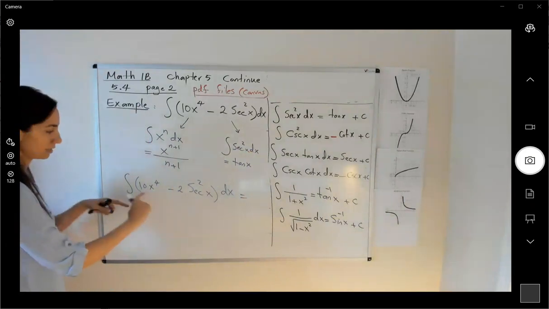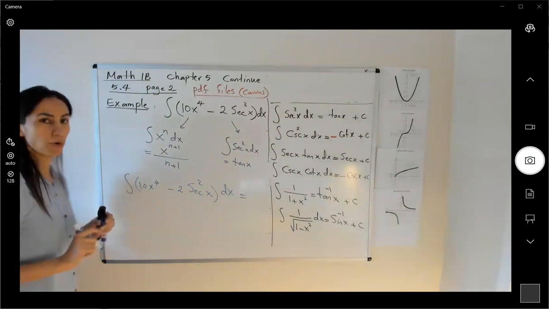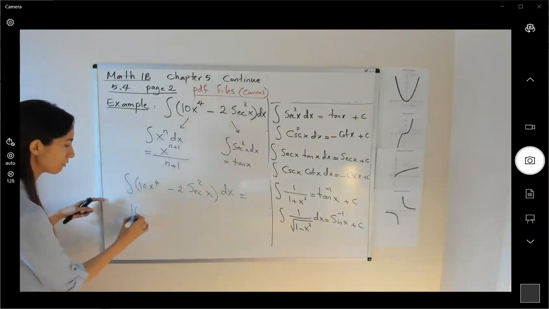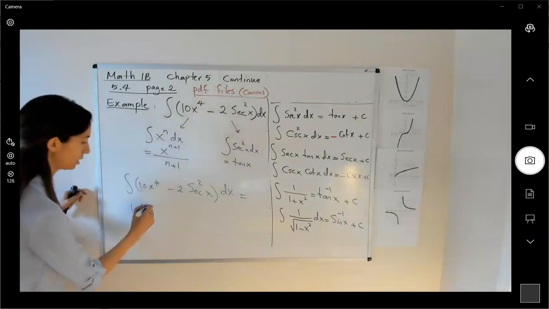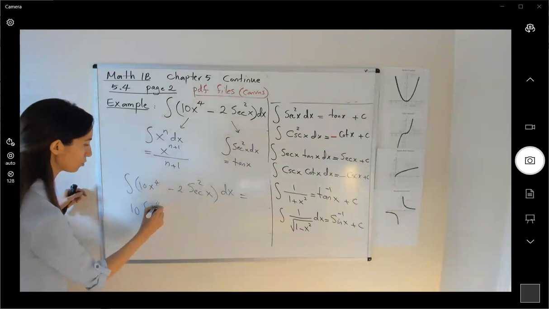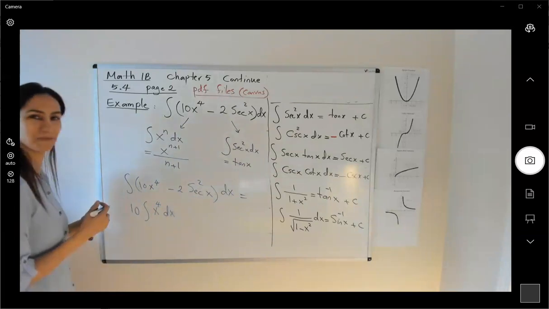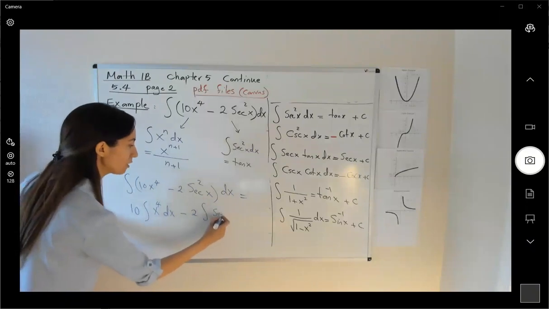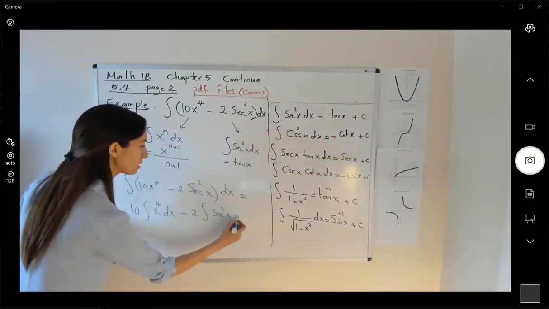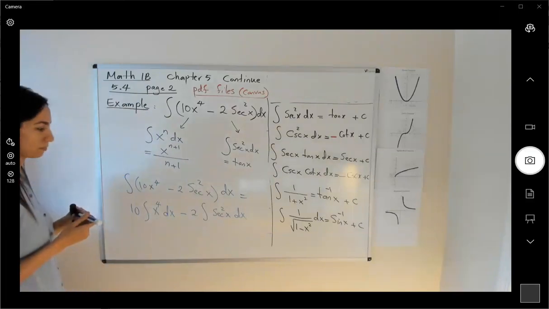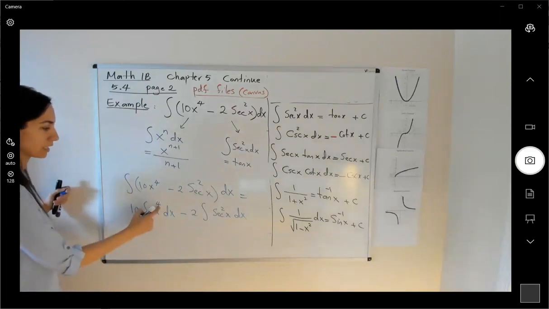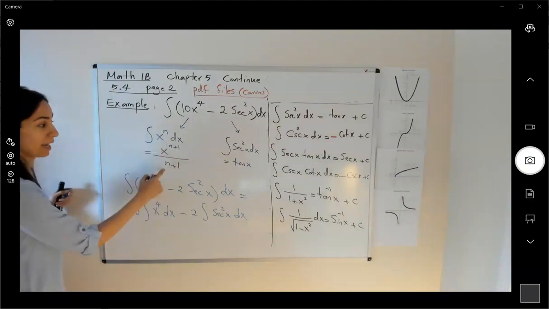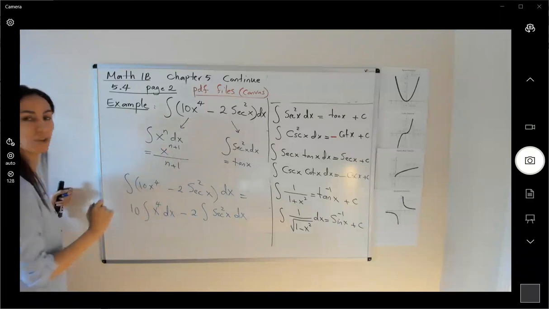Since it has a coefficient like 10, you can take this coefficient and write it in front of your integral. 10 times x to the 4 dx minus 2 integral of secant squared of x dx. I have exponent 4. I add 1 to it and divide by 4 plus 1.